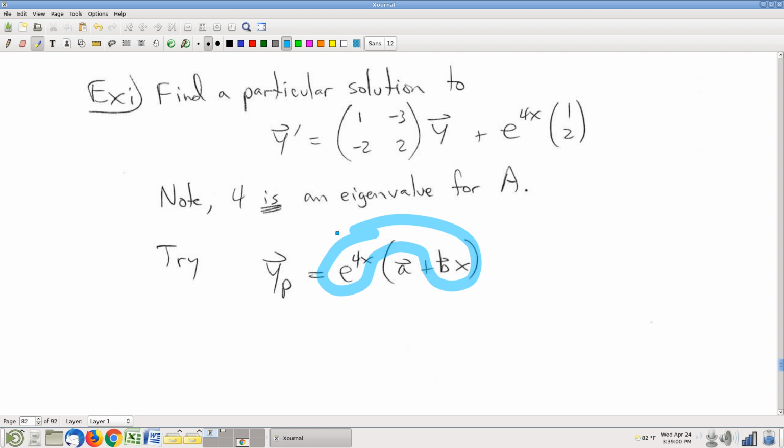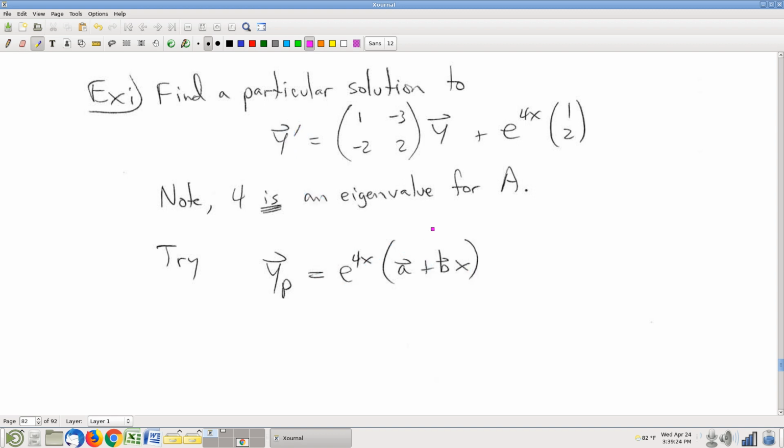Right? We're sort of stuck, unable to solve the system in the previous approach. But notice that when you take the derivative of this new term, one of the resulting terms is an exponential times a constant vector, right? And that's an additional degree of freedom, and that's an additional ability to hopefully make everything work out.